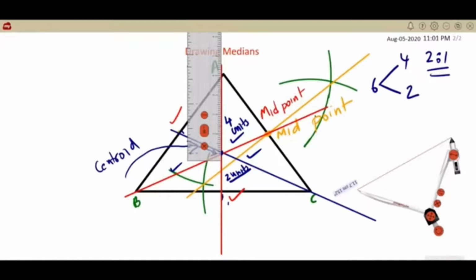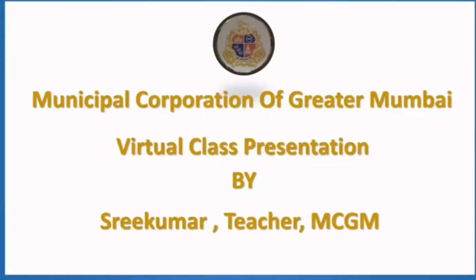So you know how to draw an altitude, and now you know how to draw a midpoint, how to draw medians and get the centroid, and how to draw altitudes and get the orthocenter. That is about the peculiarity of this.